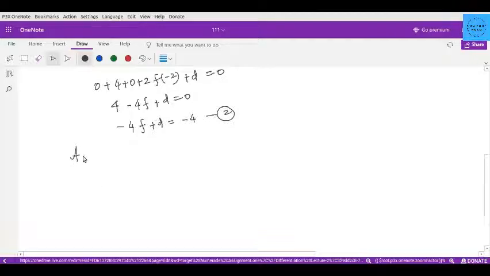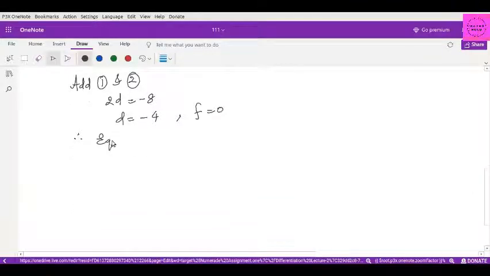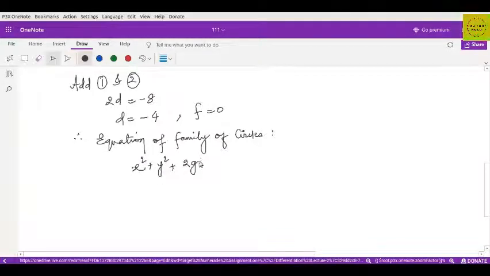Now we have to add the first and second equation. That gives us 2d equals minus 8, or d equals minus 4, and we have f equals 0. Therefore, the equation of the family of circles becomes x square plus y square plus 2gx plus 2fy plus d equals 0.